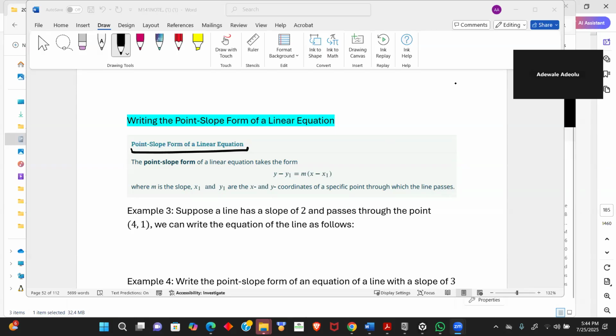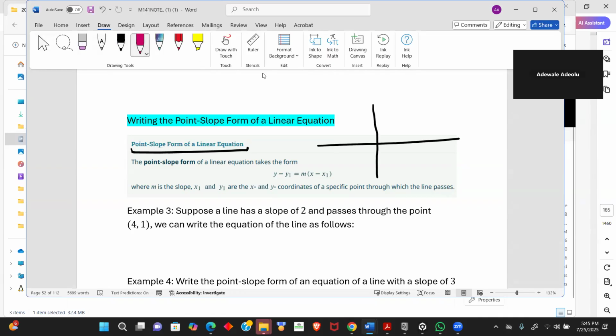So, writing the point slope form of a linear equation. Instead of taking 2 points like I did the other time, look at what I'm going to do.